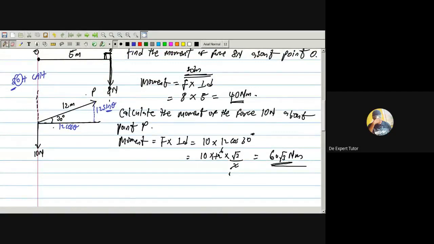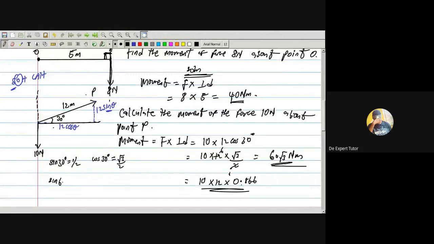If I don't want to leave it in short form, pay attention, Joy, I will have 12 times 12 times cos 30. If you press the calculator, you'll have 0.866. This is not a short form, because here you're using a calculator. But if I have to use short form, you just note that sine 30 is equal to half, cos 30 is equal to what? Square root of 3 over 2.